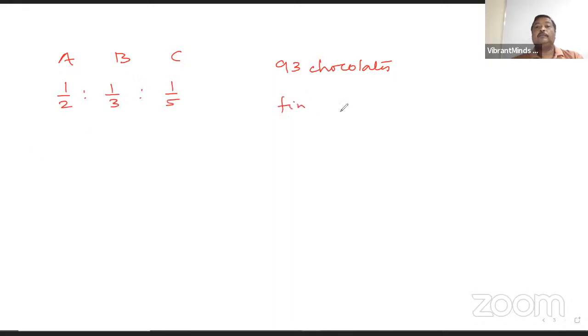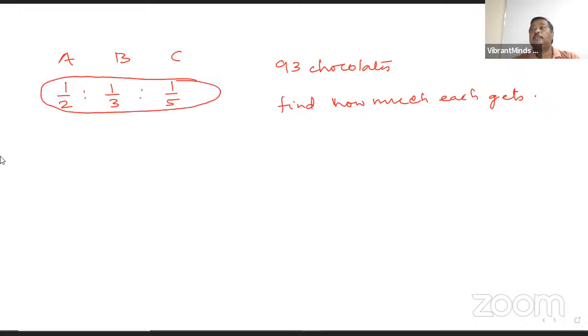Find how much each gets. Now see, we cannot solve when the ratio is in fractions. We will have to change it.